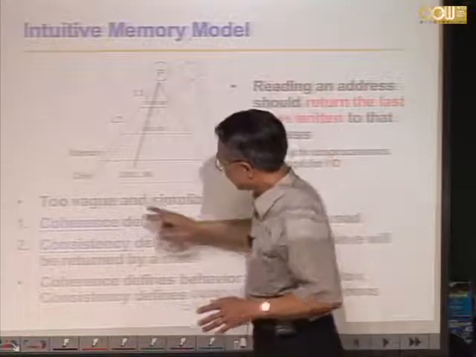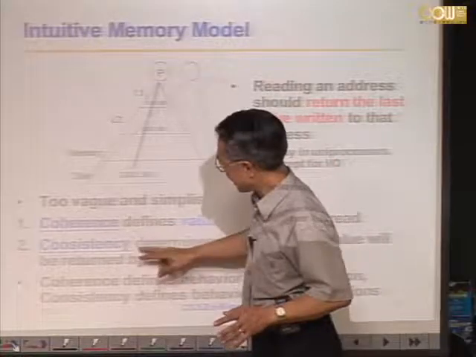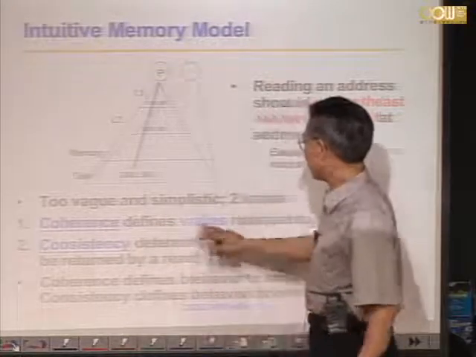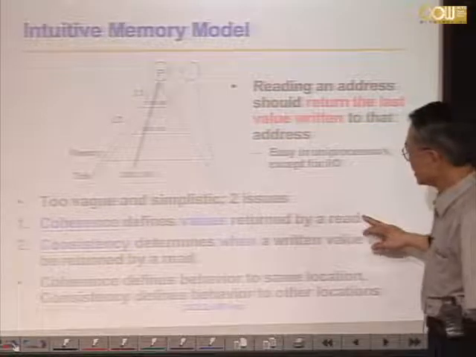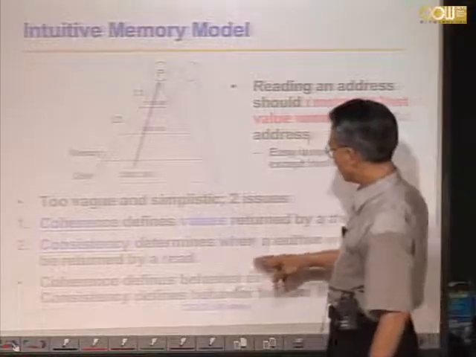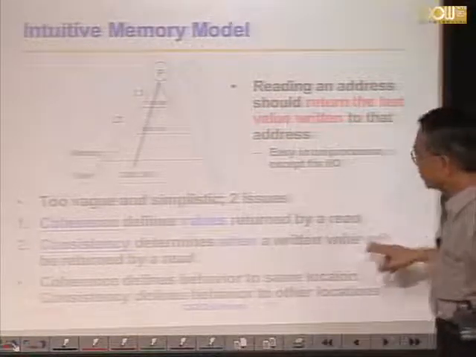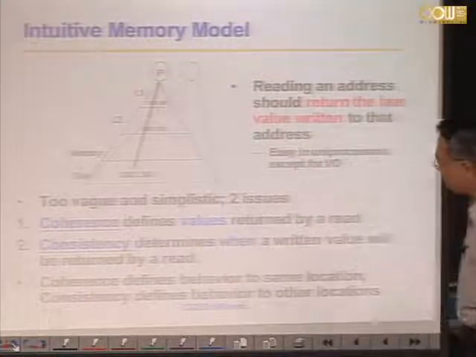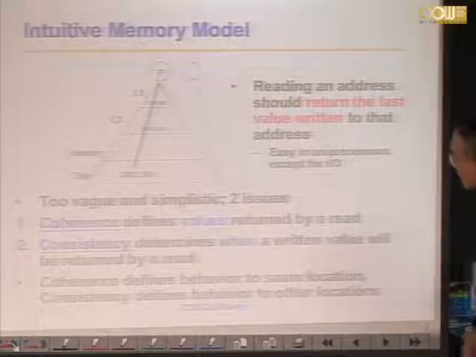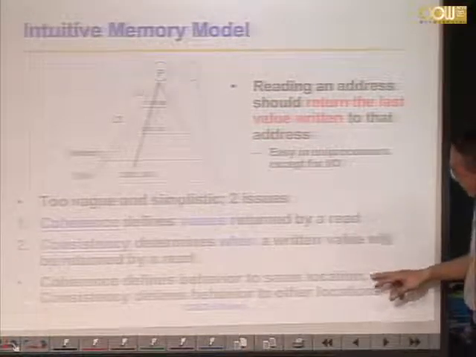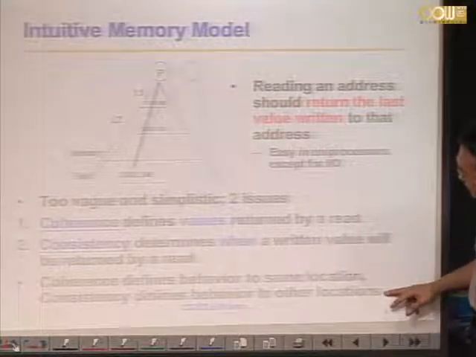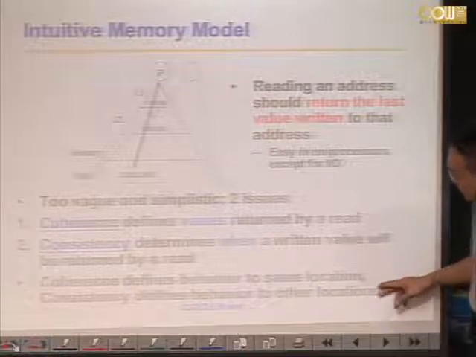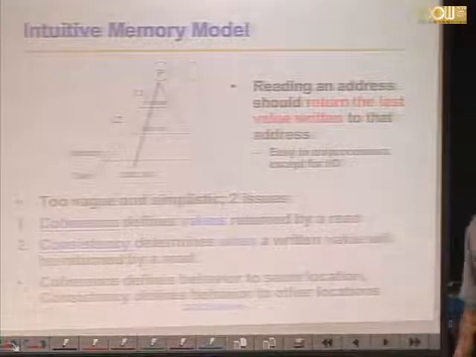We developed two terms, coherence and consistency. Coherence defines the value returned by a read, and consistency determines when a written value will be returned by a subsequent read. And coherence defines behavior to the same location, and consistency defines behavior to other locations. Okay, don't care too much about this.